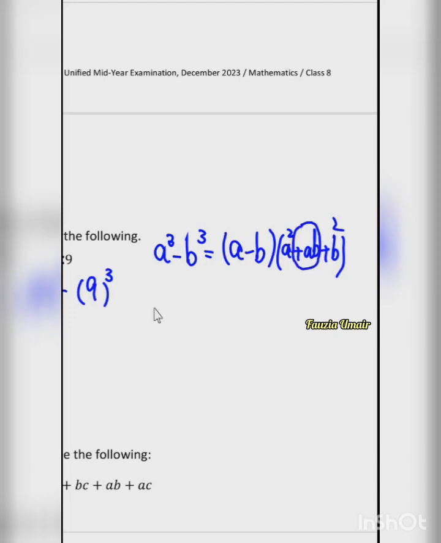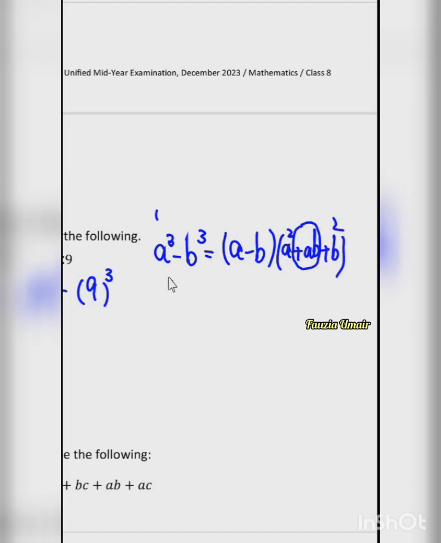If there is a positive sign here, this will definitely be positive, but this will go negative. So the middle term in the formula has the opposite sign of the sign in between the two terms. So this is a new formula for you guys.